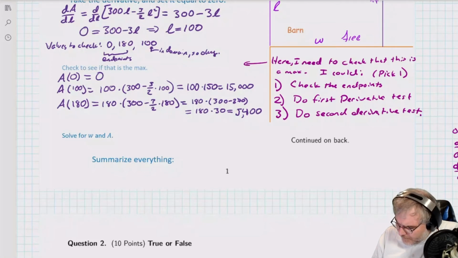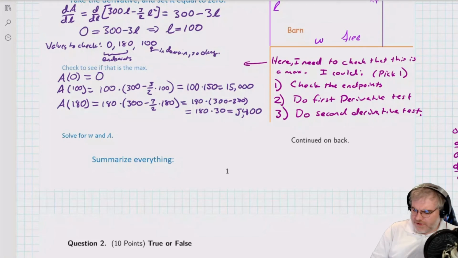Okay. So how do we feel about this step here? Just kind of checking my stuff, 1 to 5. I got 3 values. Let me check them.